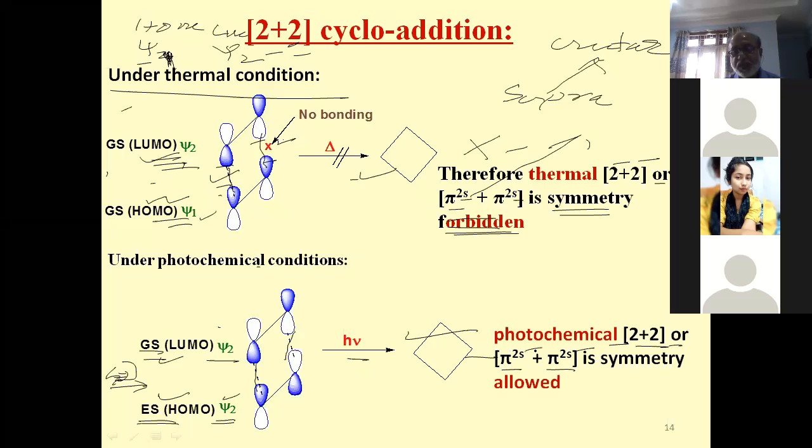S is supra, and in the same set they are not going to alter their geometry. So, in a very simple way, photochemical 2 plus 2 cycloaddition is allowed, and thermal 2 plus 2 cycloaddition is forbidden.